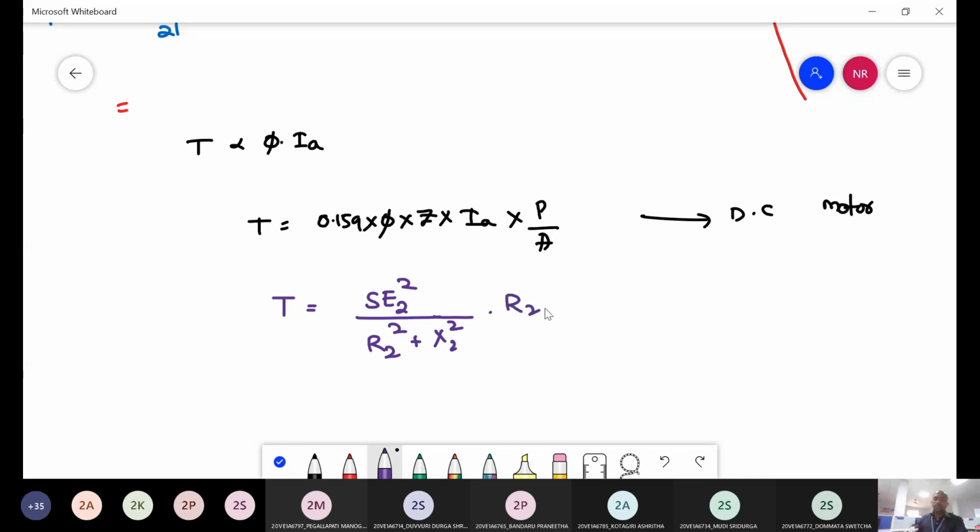I think cross check once. S into SE2 by root over R2 square plus SX2 whole square, into R2 by root over R2 square plus SX2 whole square.